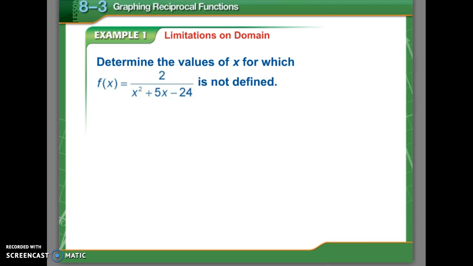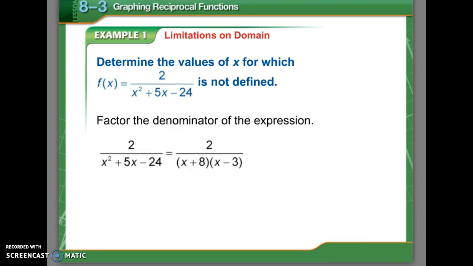So our first example, we're going to look at a fraction, and we're going to figure out the values of x for which our fraction is undefined. This is just like what we did in Lesson 8 or Lesson 9. So we need to factor the denominator. When we factor that, we're going to get x plus 8 times x plus 3.